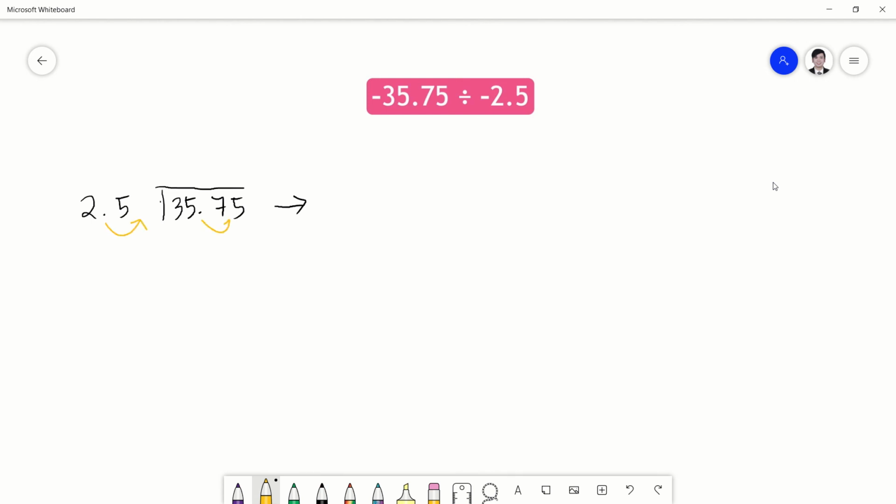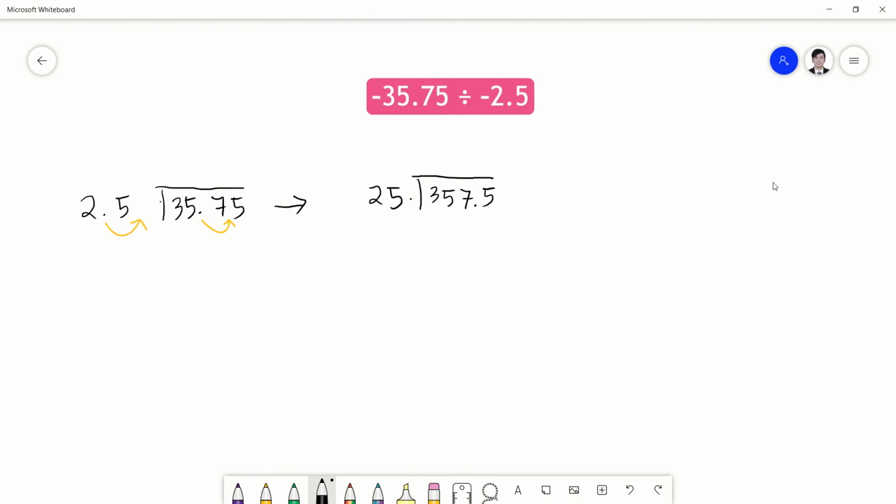And we do the same thing in our dividend to make an equivalent fraction. So you now have 357.5 divided by 25.